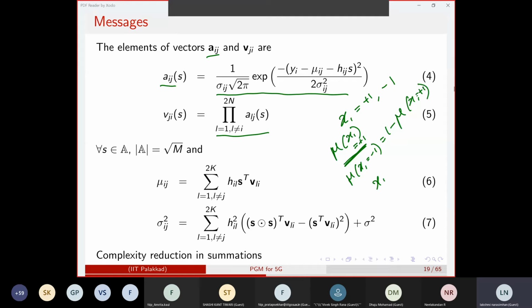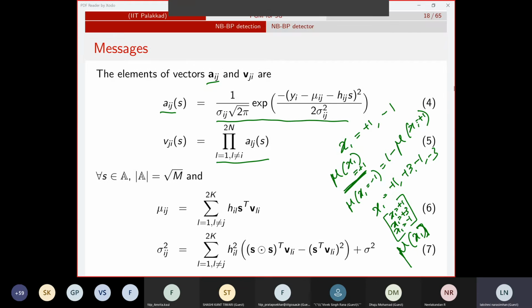But if x1 can take, let's say, +1, +3, -1, or -3, then we need to compute this vector mu. This mu1 now becomes a vector, and that contains the value for x1 equal to +1, the value for x1 equal to +3, the value for x1 equal to -1, and so on. So each message now becomes a vector, and hence this is also known as the vector message passing algorithm. The traditional sum product algorithm was designed for a scalar setup, whereas now we are extending this to a vector setup so that we can use this for decoding and demodulation in massive MIMO systems.